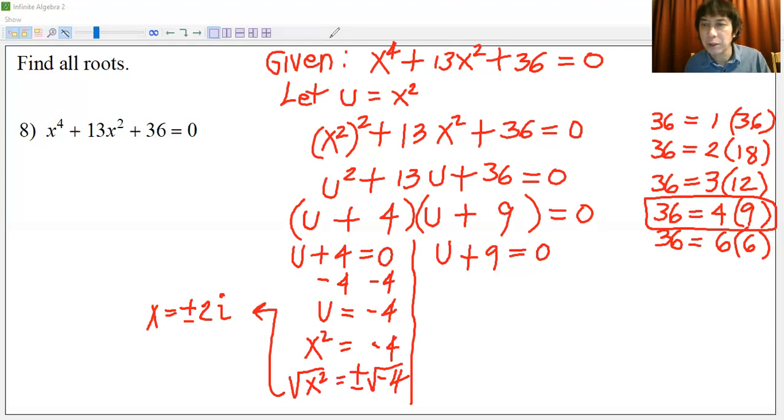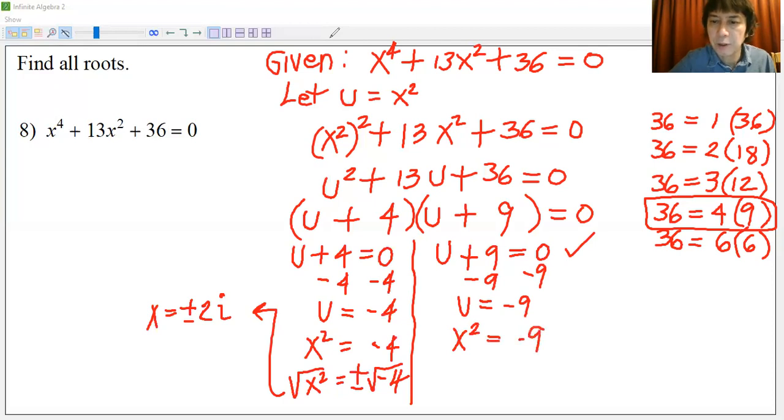We will now be using the other equation, u plus 9 equal to 0. So we will solve this by way of subtraction. Subtract 9, and we get u equals negative 9. Now going back to our x, our letter u is supposed to be equal to x squared, and this is equal to negative 9. And so we will have square root of x squared and the square root of negative 9.